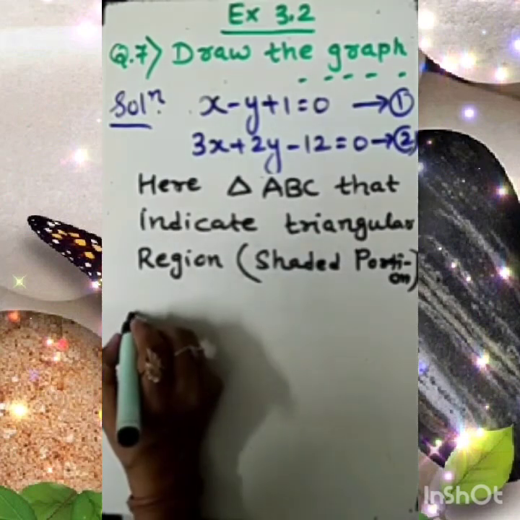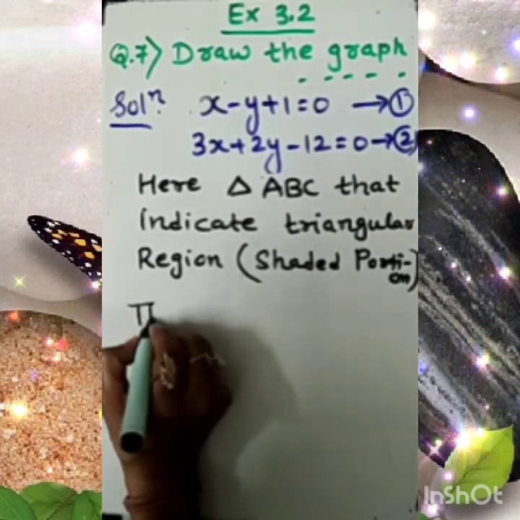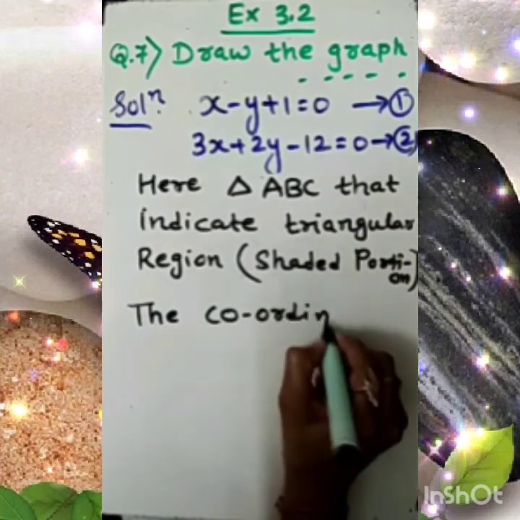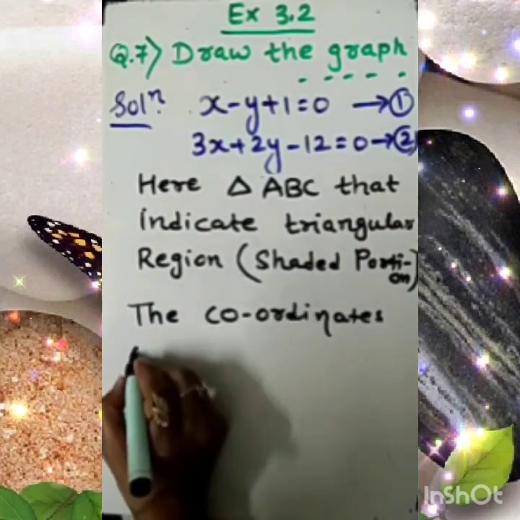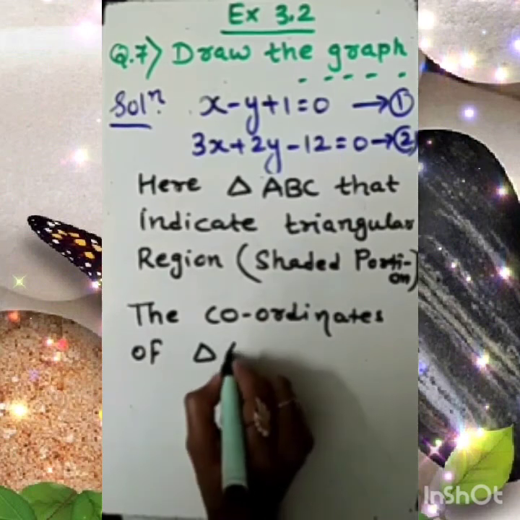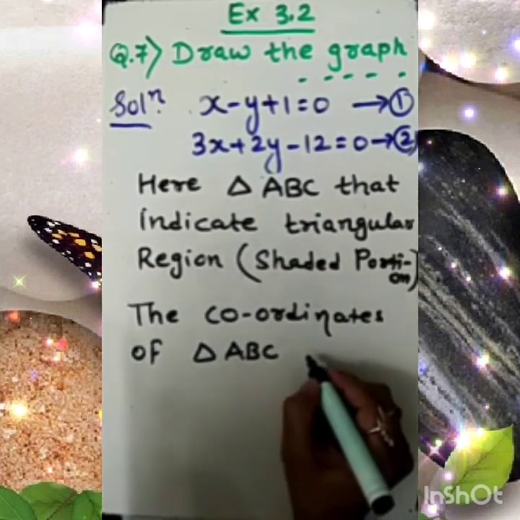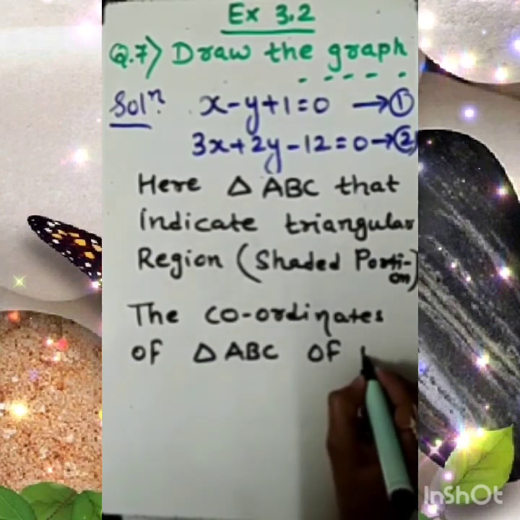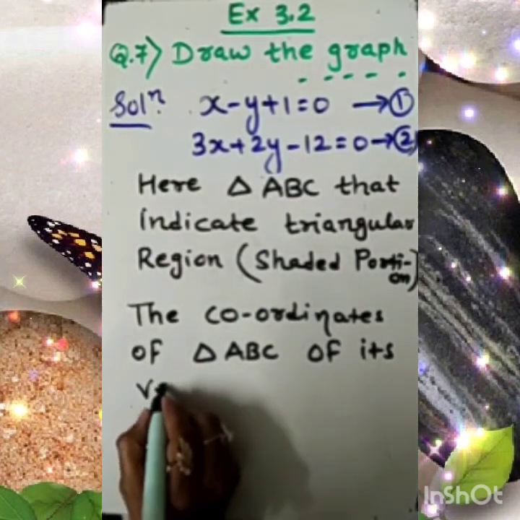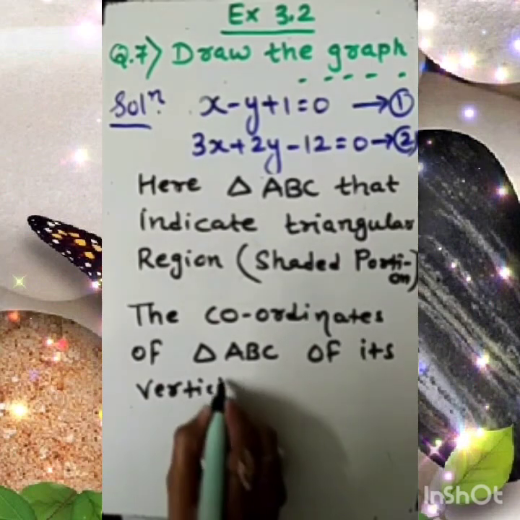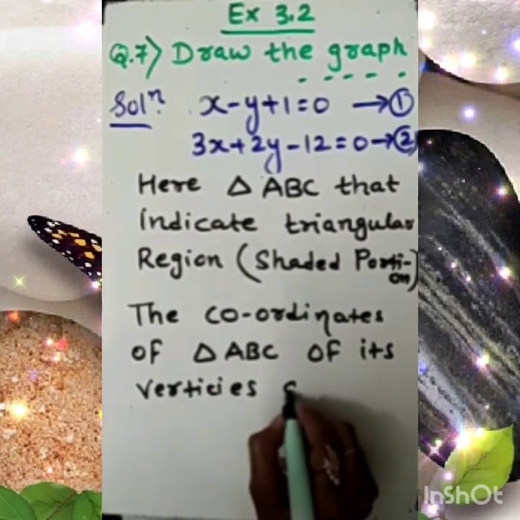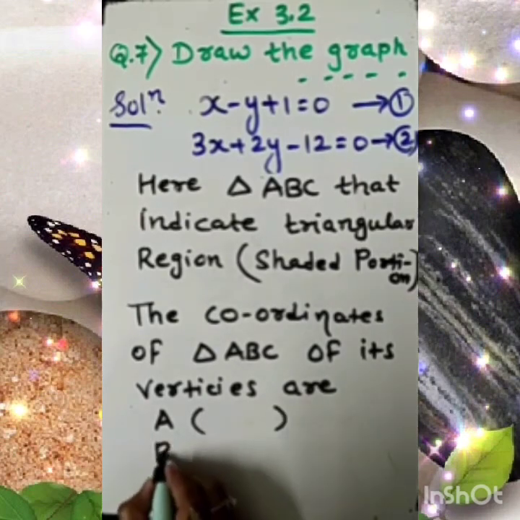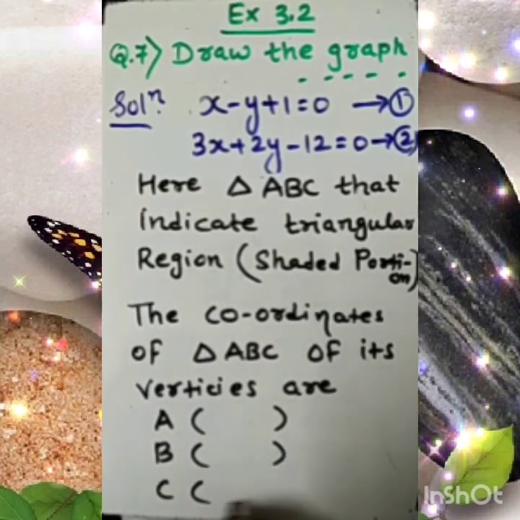So we need to mention the coordinates of triangle ABC, of its vertices. They are A, then B, and of course then C.